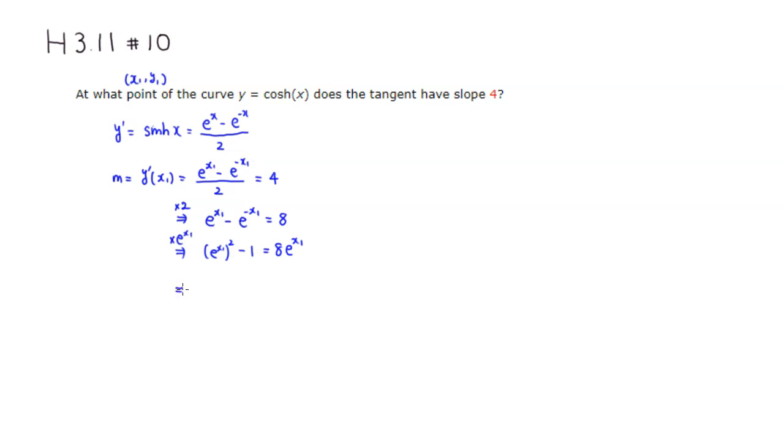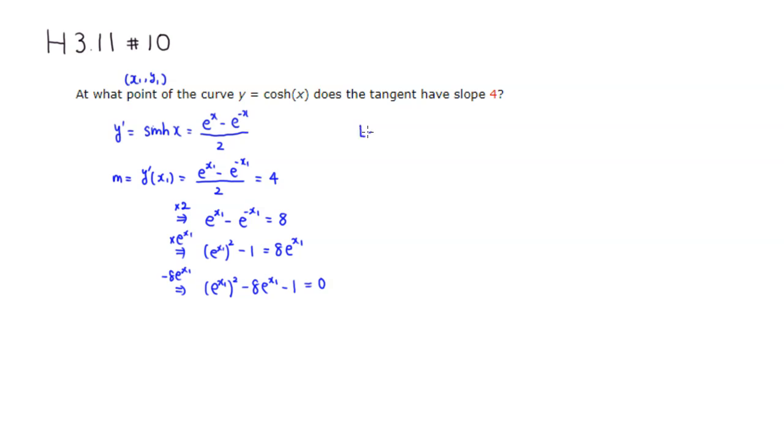So if you bring everything over, we're going to subtract 8e to the x1. So you have e to the x1 squared minus 8 times e to the x1 minus 1 is equal to 0. For simplicity, I'm going to use a substitution.